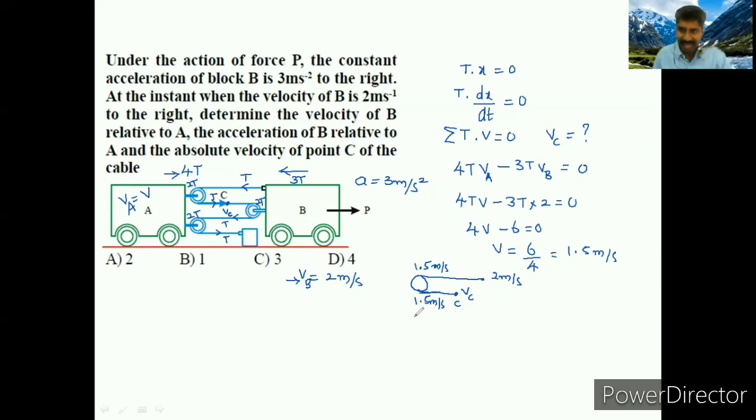Now the length of the string will not change. That's why I am taking this length as x1 and this length as x2. The total length will not change, it is constant, so x1 plus x2 is equal to constant.